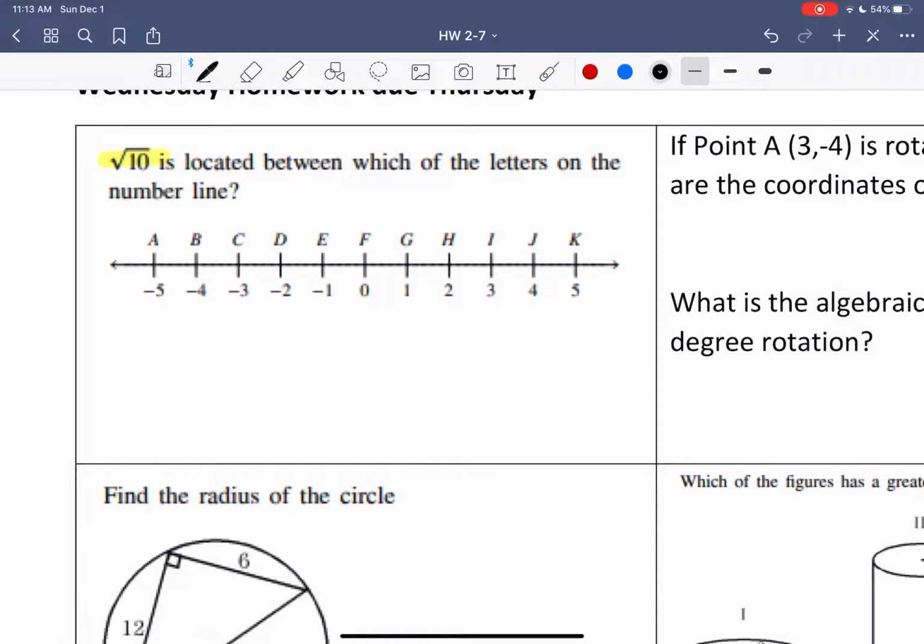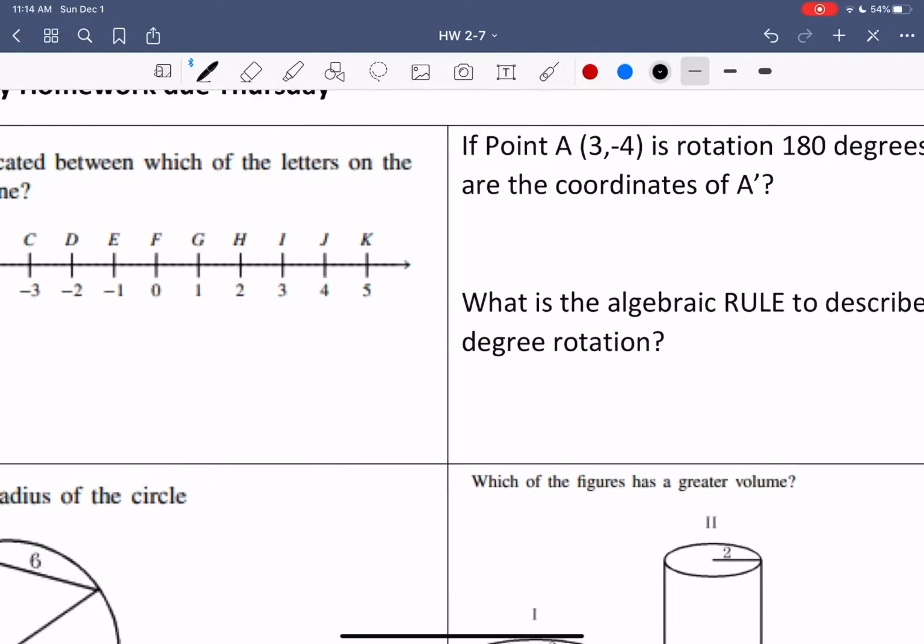So if we think of numbers that are close, the square root of 9 equals 3, the square root of 16 equals 4, square root of 25 equals 5, and then seeing where this one is located between, and that could help as well.